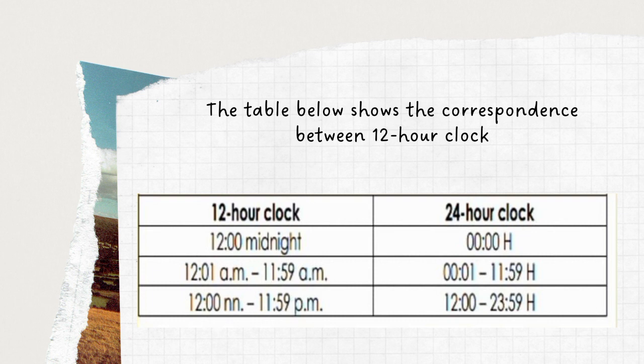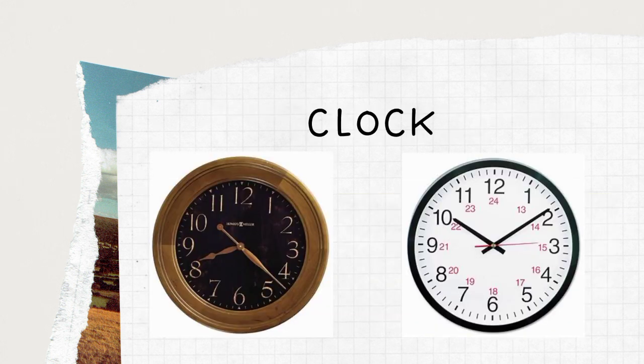And then, last one is 12 noon to 11:59 p.m. So, hapon na to or afternoon. So, equivalent niya sa 24-hour clock is 1200 hour to 2359 hour. So, let's take a look at these two features of our clock.